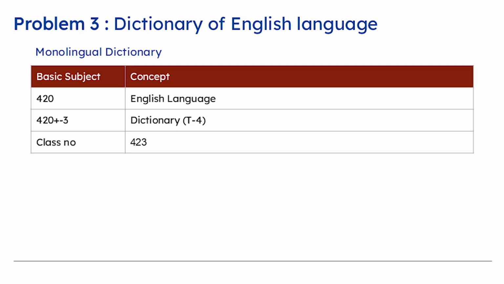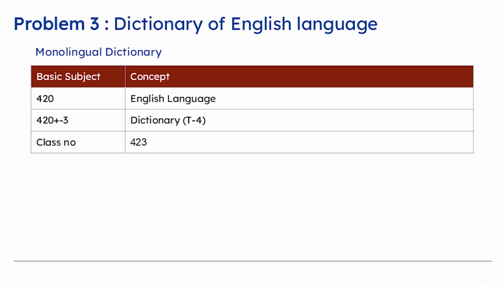So table 4 is fit for the language class. Open table 4 and see: -1 means something, -2 means something, -3. Dictionary is in table 4: -3 is equal to dictionary. Monolingual, -3 means dictionary.